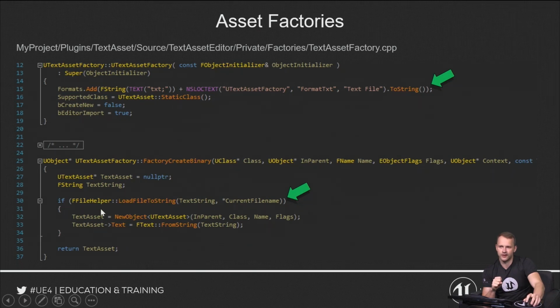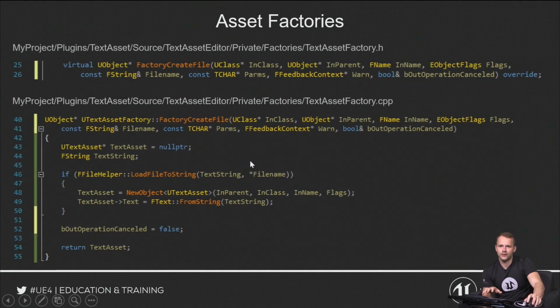And then the function to actually create the asset, instead of simply creating a new object, we actually load the file from the disk. The current file name is being passed in. We're loading it from disk into a string, and then we're converting that string into a localized text, which we can then assign to the text asset's text field.